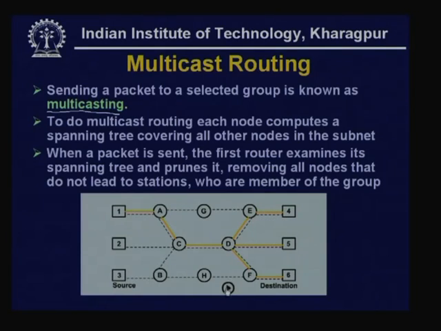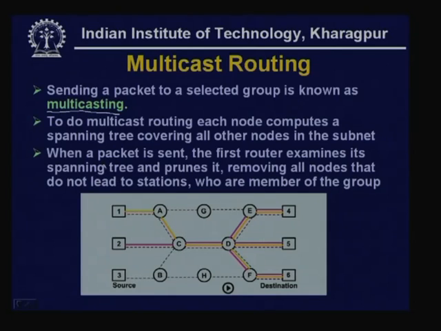Similarly, from another source, say from 2, 3, this path is common, and then it will go to 4, 5, 6. So, from these two stations service can be taken by 4, 5, 6, and so the spanning tree is formed.